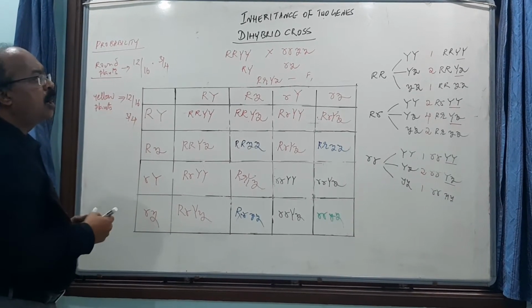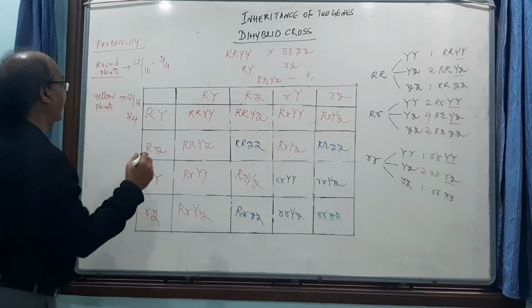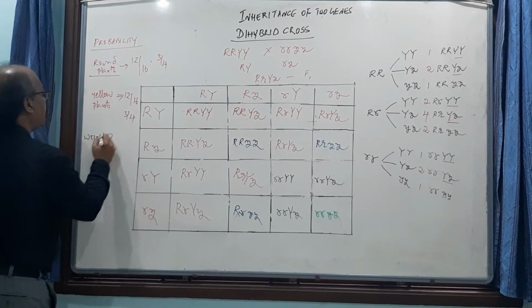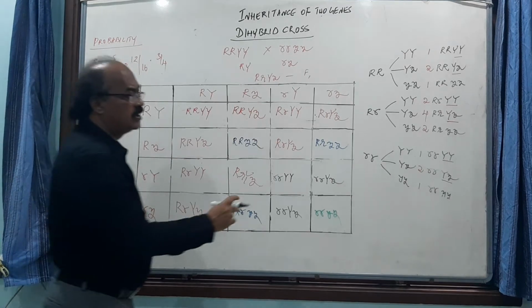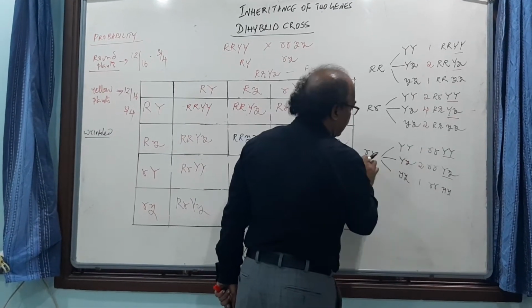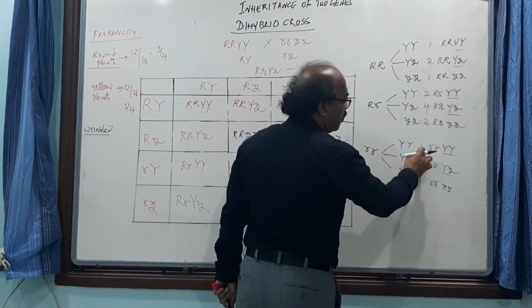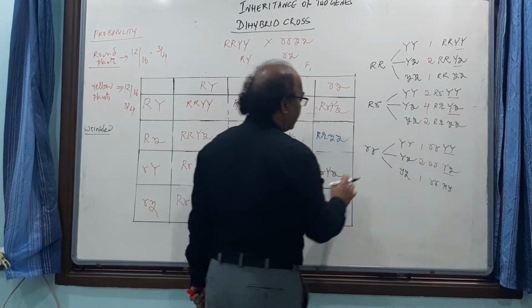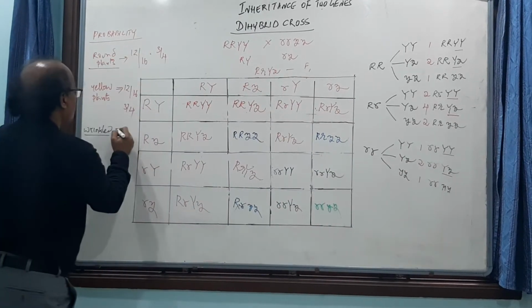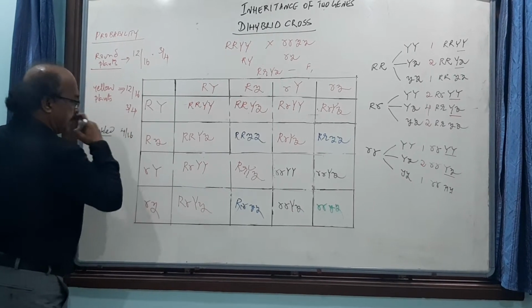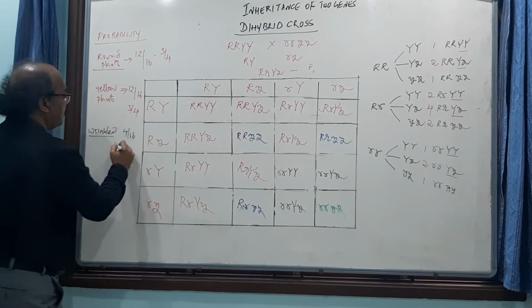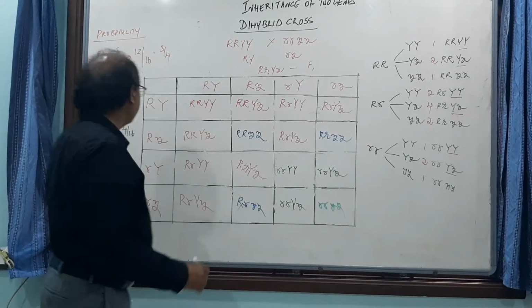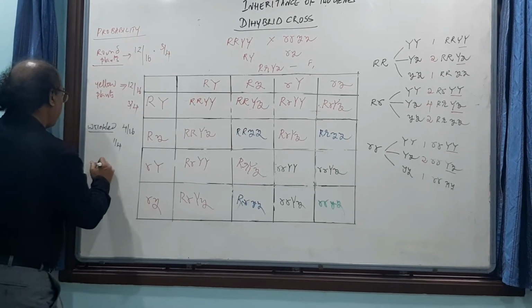Coming to how many are wrinkled? Small r. 1, 2, 1. These 4 plants are wrinkled. 4 out of 16. 1 by 4. How many are green plants?